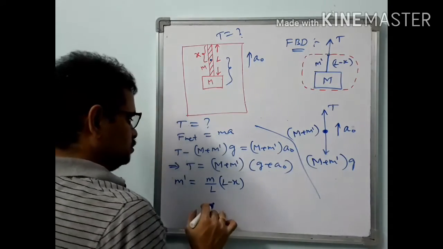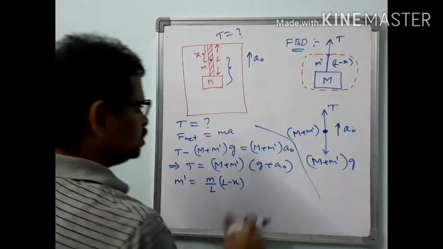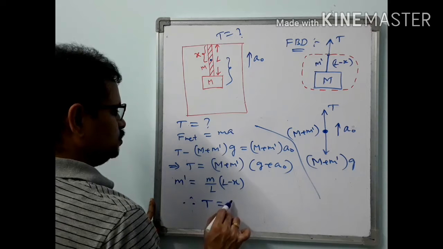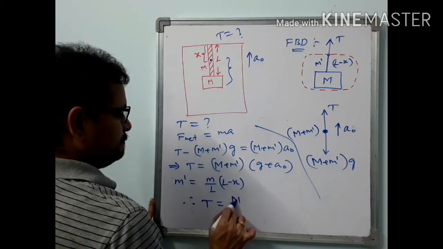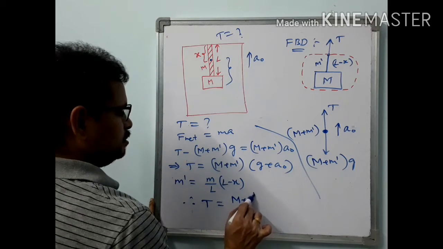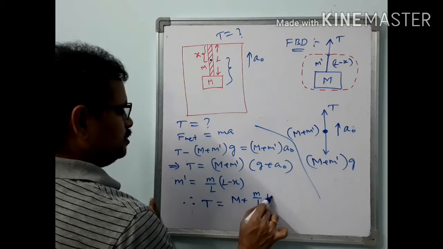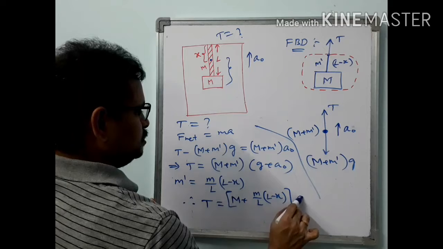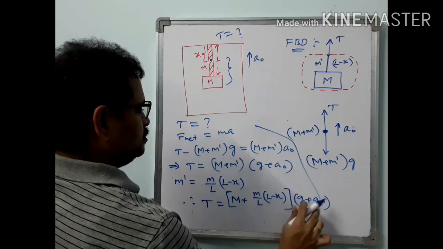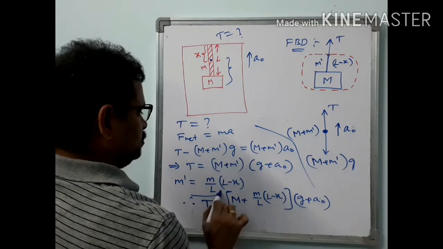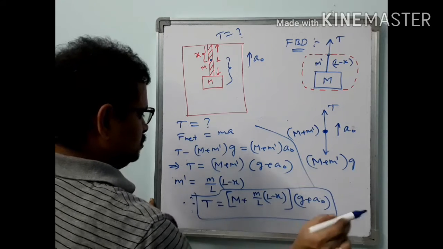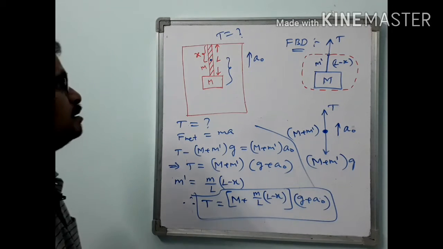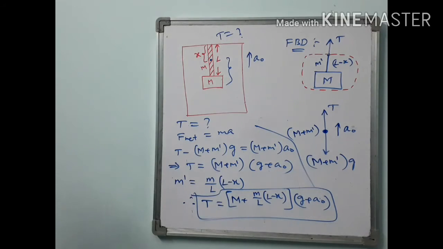So now, therefore, what is tension? T equal to (m plus m by L into (L minus x)) into (g plus a naught). Got it? Simple or not? This is simple, no?